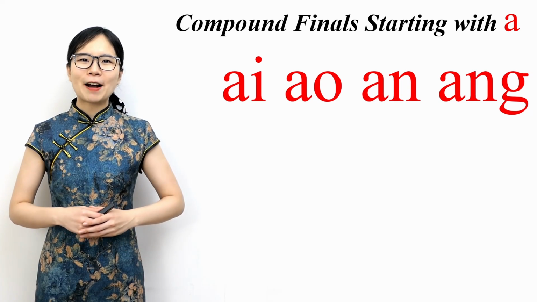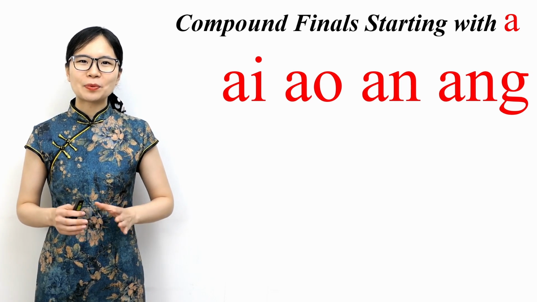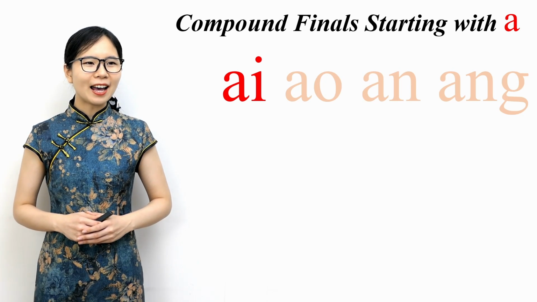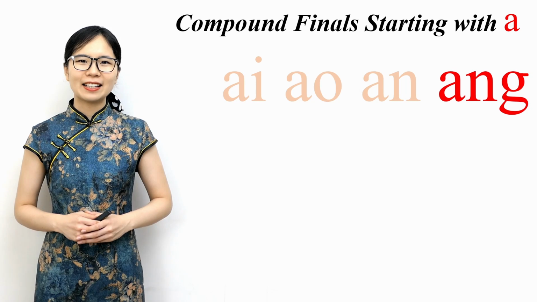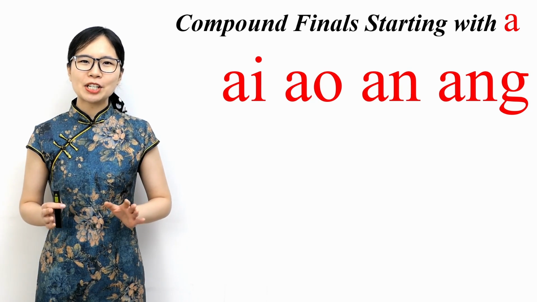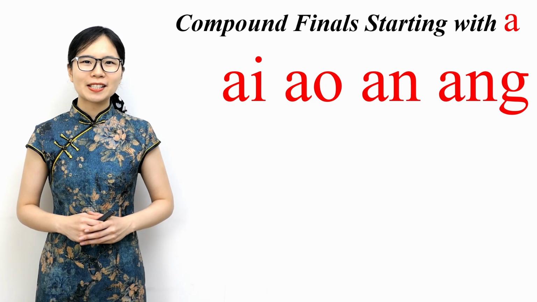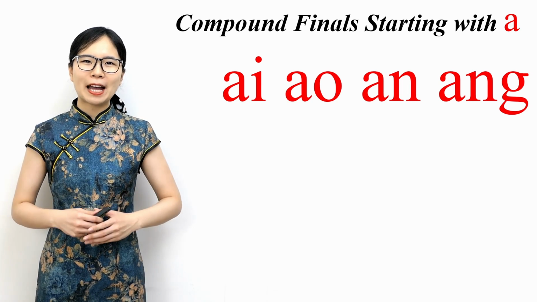Compound finals are finals that combine multiple sounds, and the compound finals starting with a are ai, ao, an, and ang. I'm going to cover how to pronounce each of these along with example words so you can practice the pronunciation and even pick up some new vocabulary.